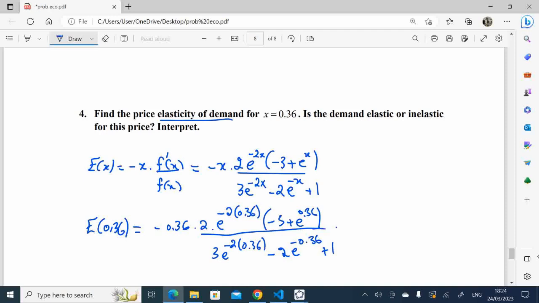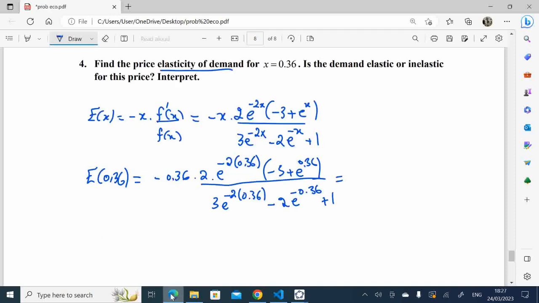So let us calculate this. It is 0.51. So is the demand elastic or inelastic for this price? Since it is less than 1, hence the demand is inelastic.